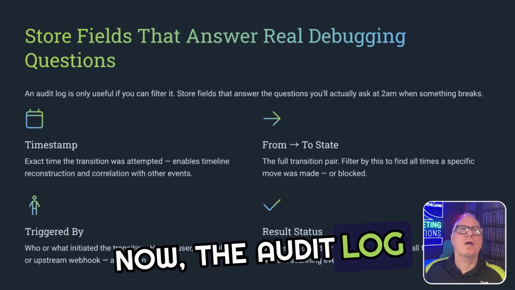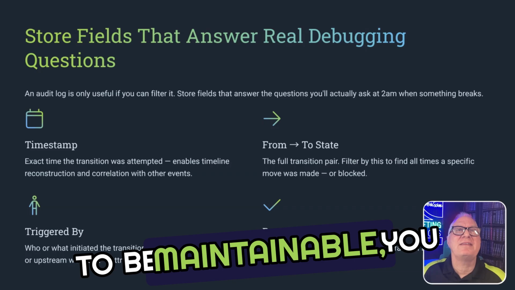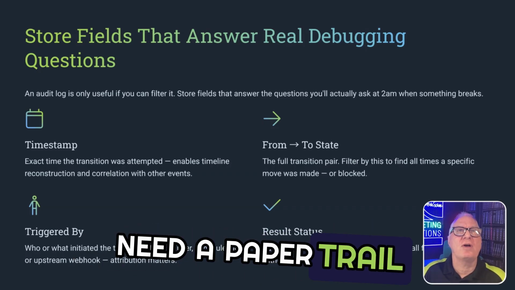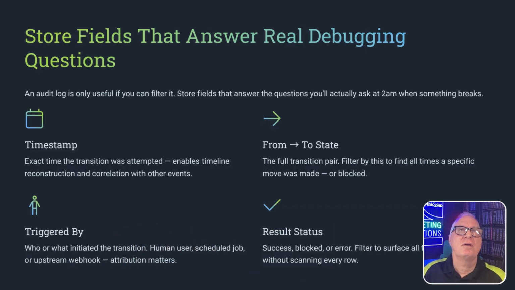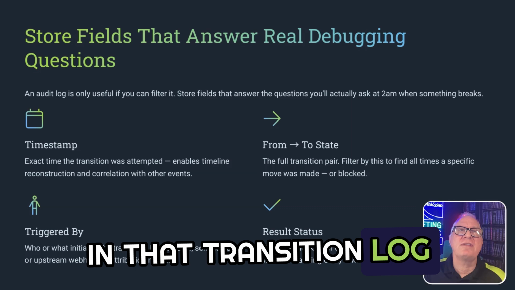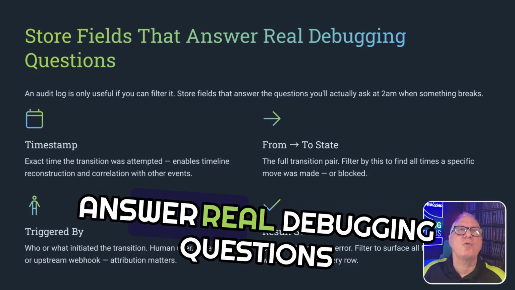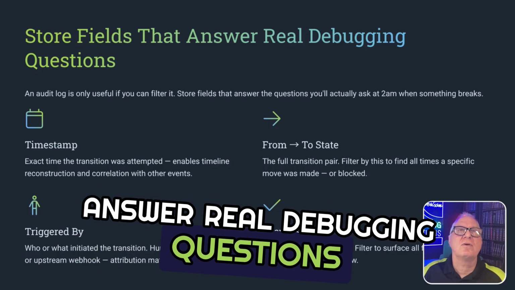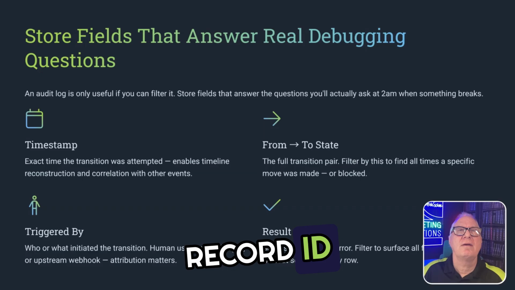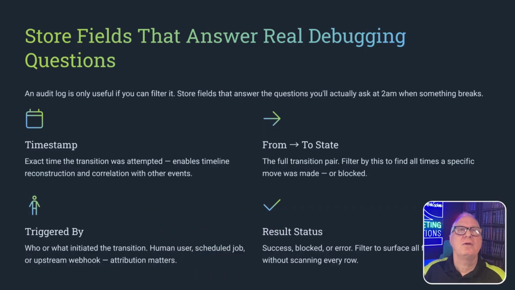Now, the audit log. If you want this to be maintainable, you need a paper trail you can filter. In that transition log table, store fields that answer real debugging questions. Record ID, from state, to state, requested by.